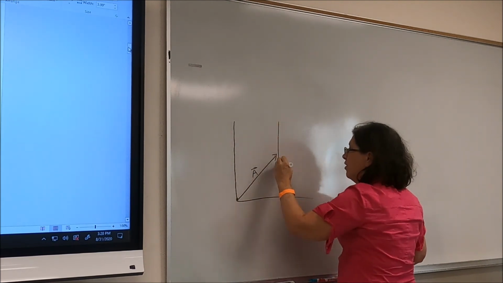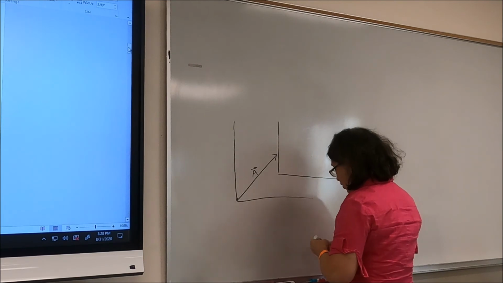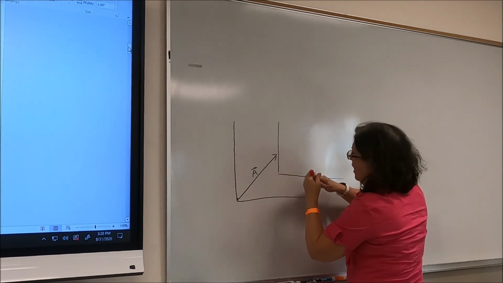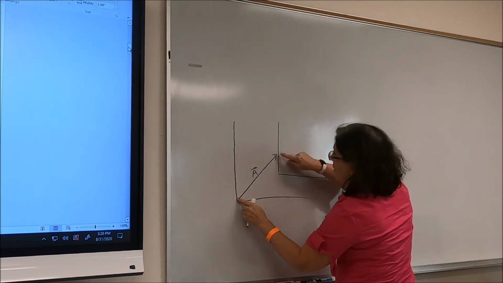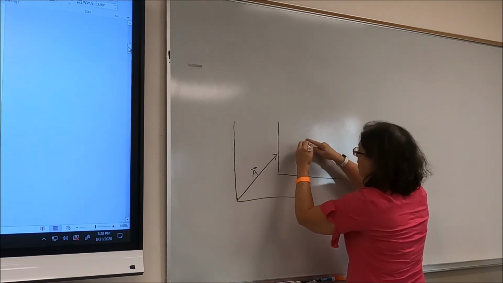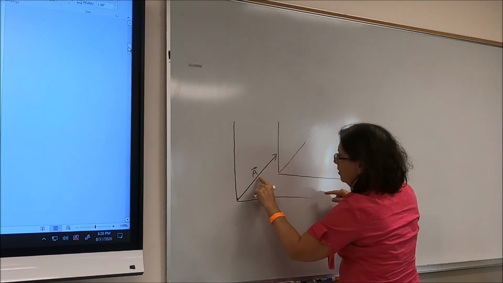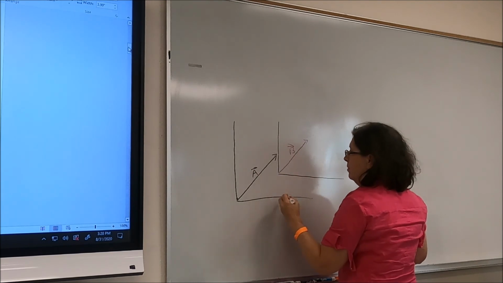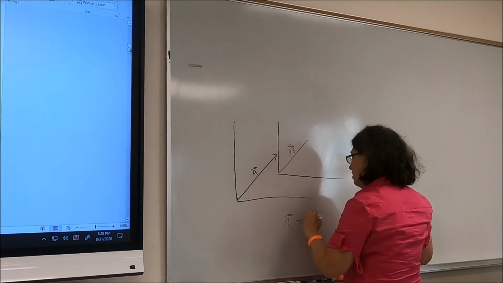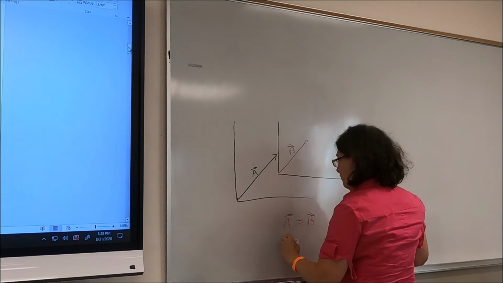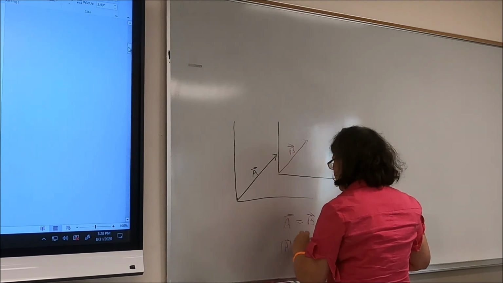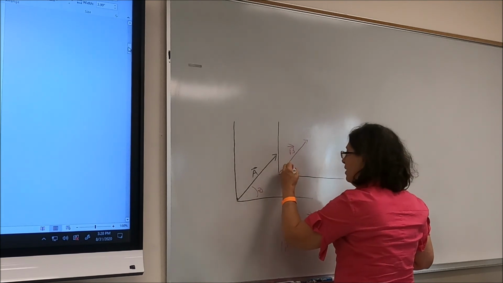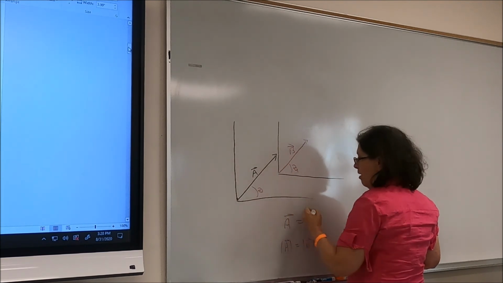If I were to draw another axis here that's parallel to the first, and I draw a vector at the same angle and the same length, vector B. Vector A equals vector B if the magnitude of A equals the magnitude of B, and this angle theta and this angle theta 1 are equal to each other.